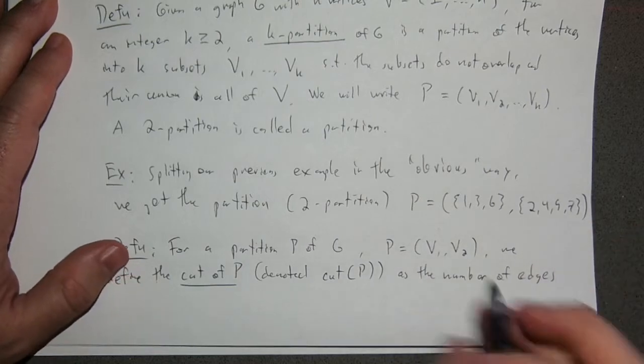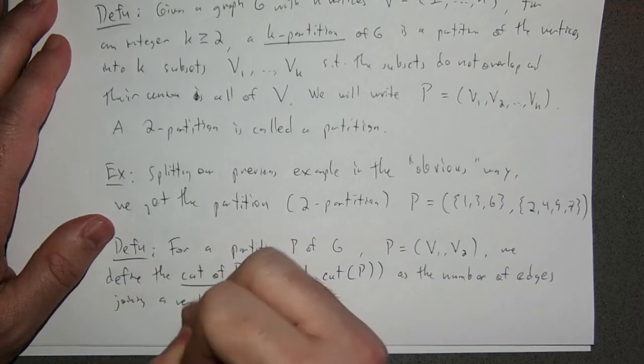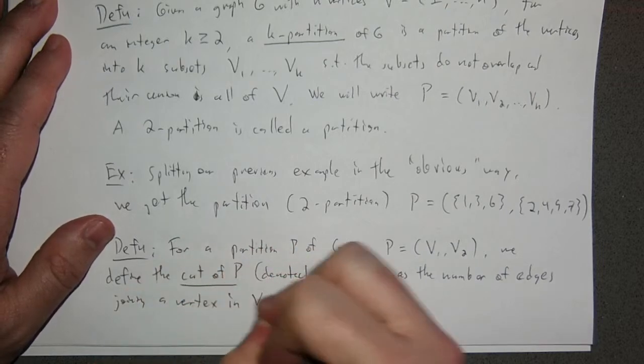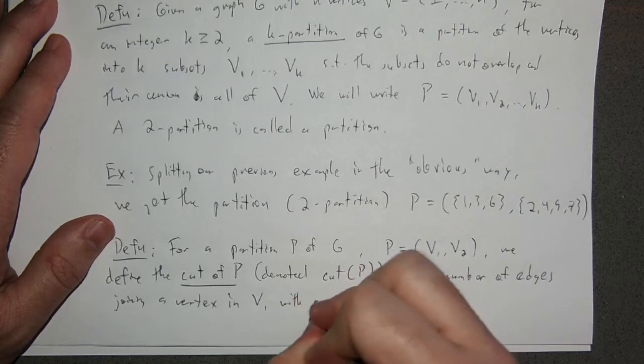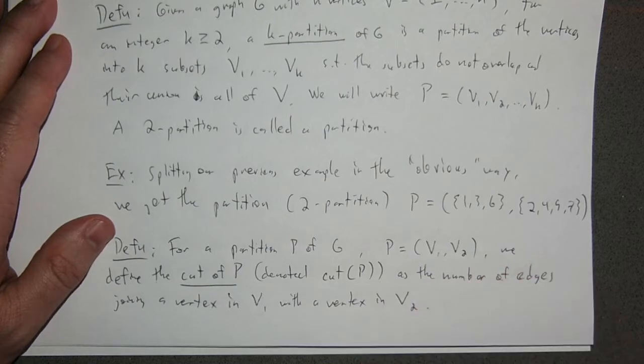So this is the number of edges joining a vertex in V1 with a vertex in V2.